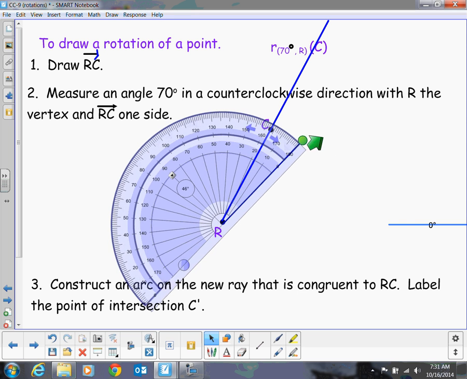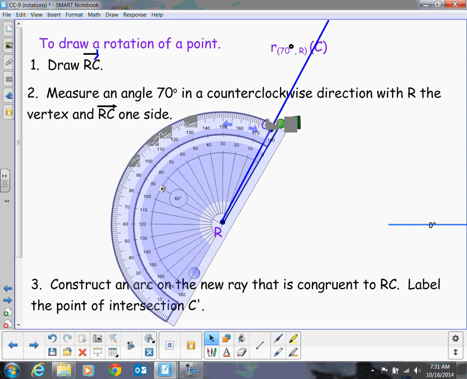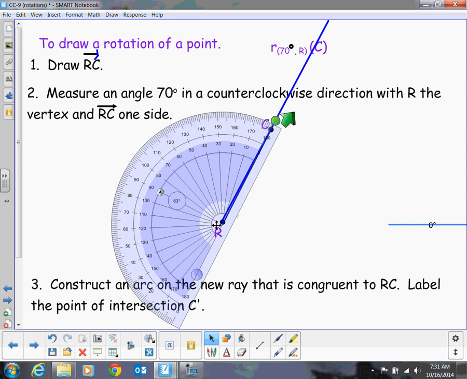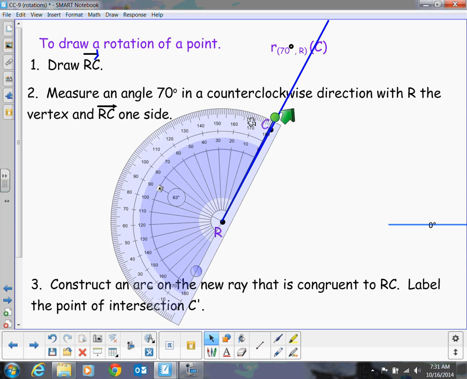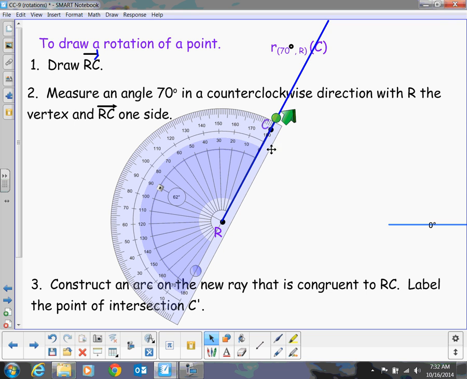All right, so you see how I put my protractor, hopefully, I've got that center there. So I've got that ready to measure. How many degrees do we want to do? 70. So 40, 50, I'm on the inside track because that's 0. 40, 50, 60, 70.